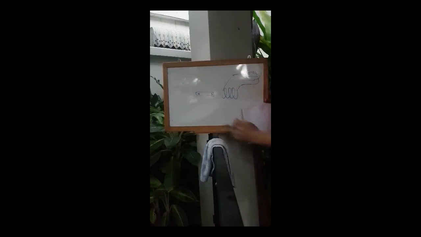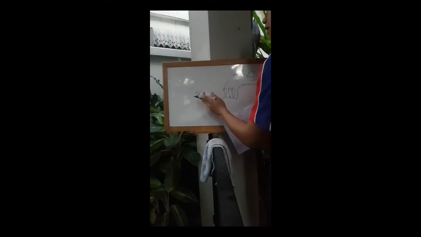If I move the magnet in, there's a change in the galvanometer, and if I move it out, there's a change in the galvanometer. But if I set it stationary, there's not going to be any change in the galvanometer, which means there is no current moving in the wire.